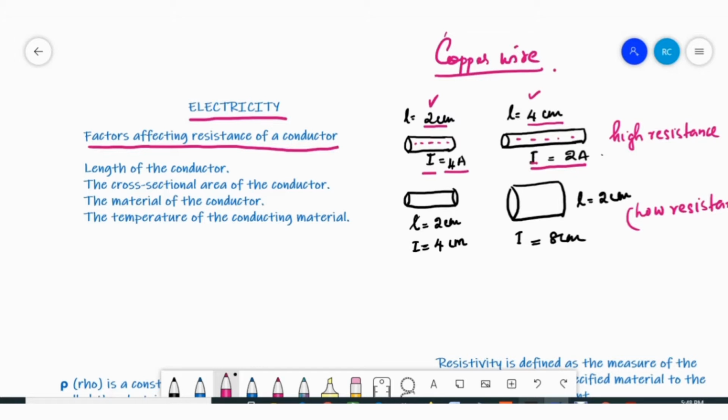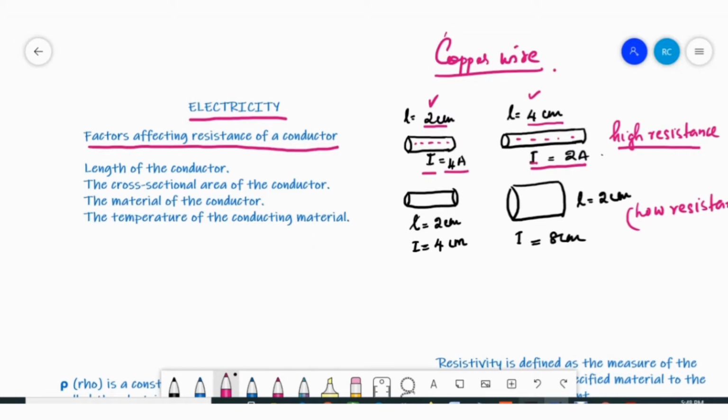So what is the reason for this? When you increase the length of the conductor, the resistance will be more, which means a higher length will give you a higher resistance. So if the resistance is very high, the current will be less.